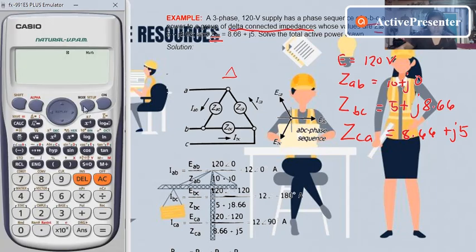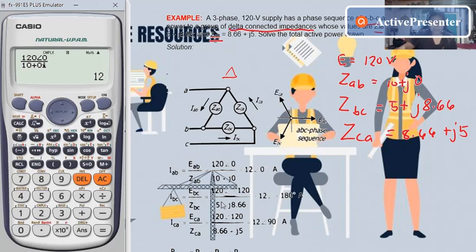In our calculation, we need to convert to complex form since our impedance is in complex form. So we have 120 with an angle of 0 degrees, and our impedance, which is 10 plus j0, in our calculator. Our answer will be 12 amperes for IAB.